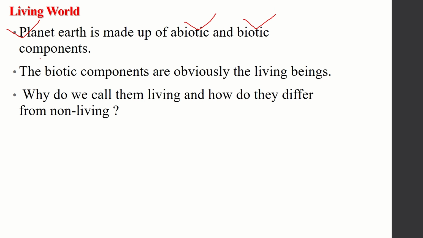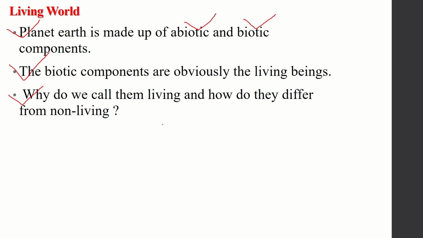Abiotic components are non-living components, and biotic components mean living beings or living components, that is, the living world. The biotic components are obviously the living beings. So why do we call them living and how do they differ from non-living? This is the discussion of today's video.